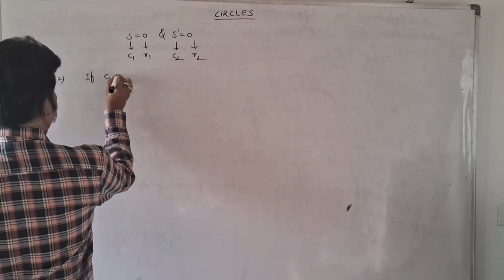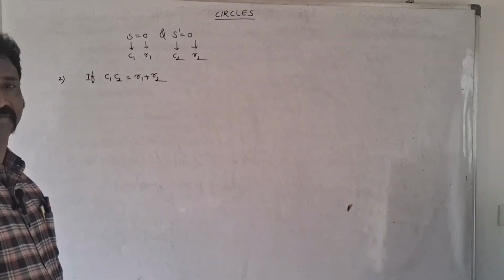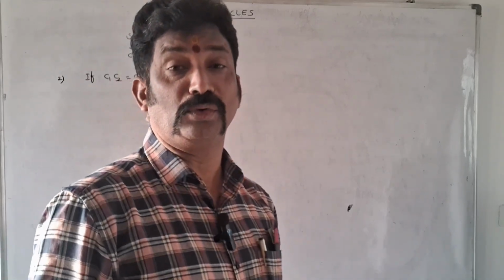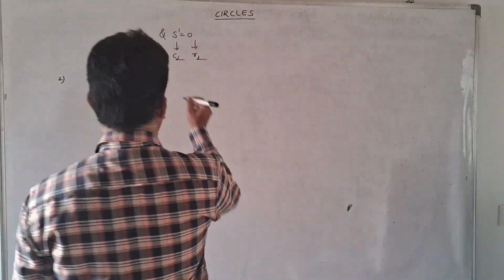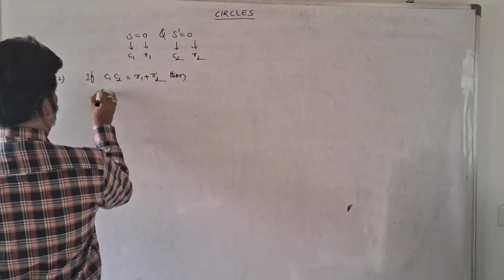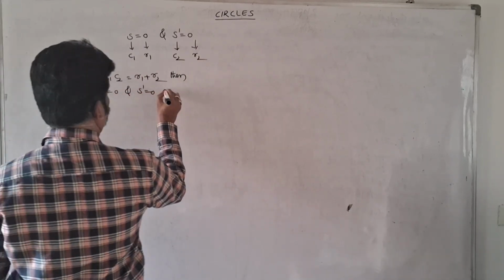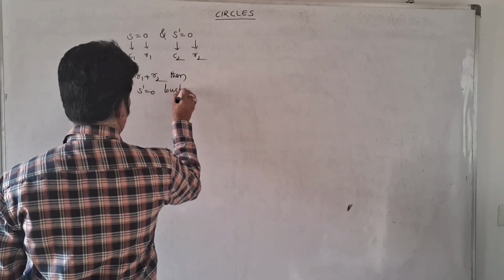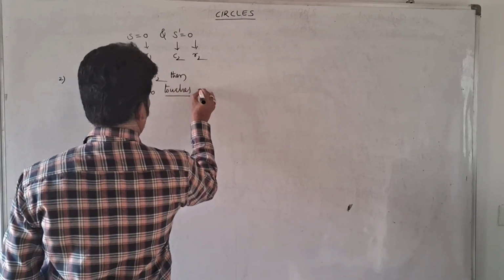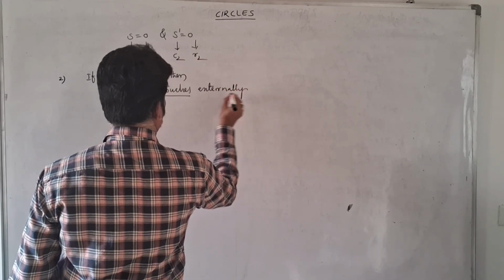Now second point. If C1C2 is equal to R1 plus R2, then the 2 circles S equals 0 and S' equals 0 touch externally. That's it.